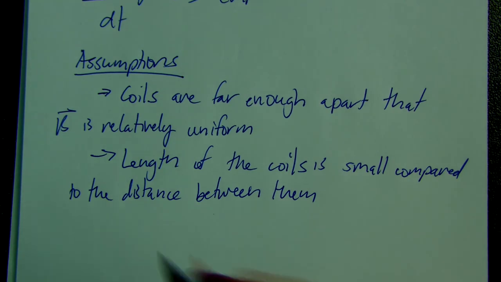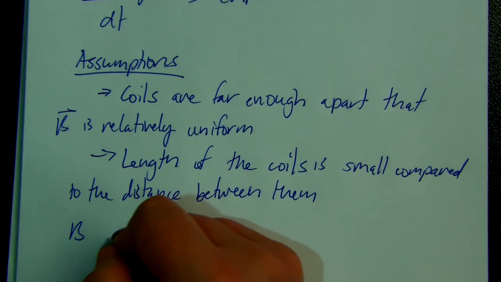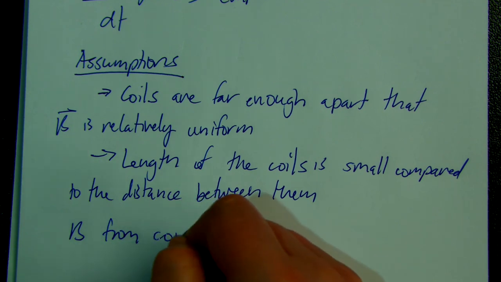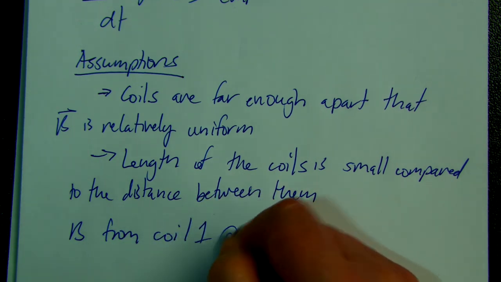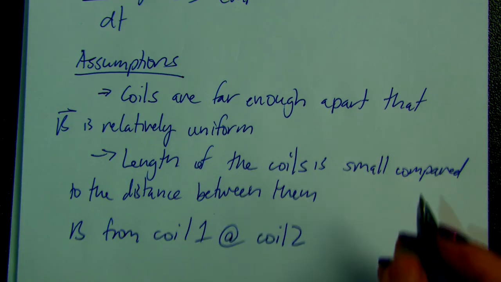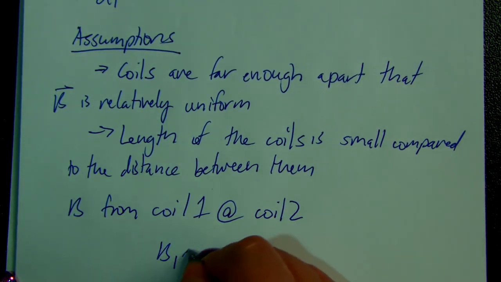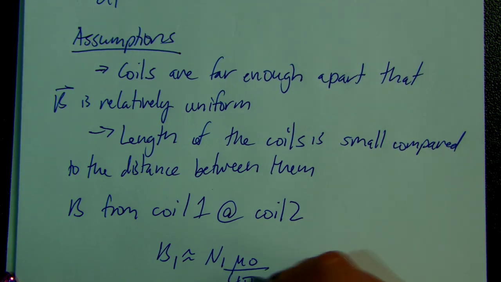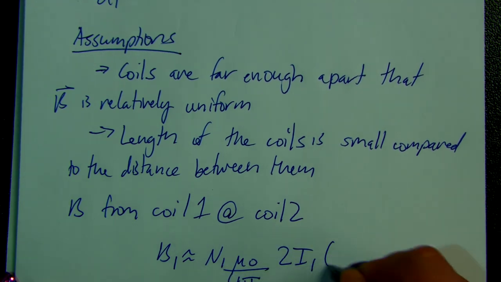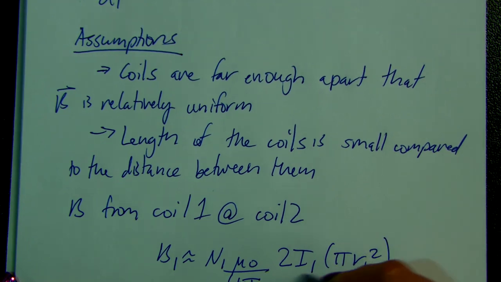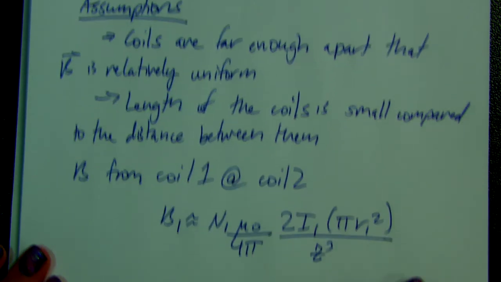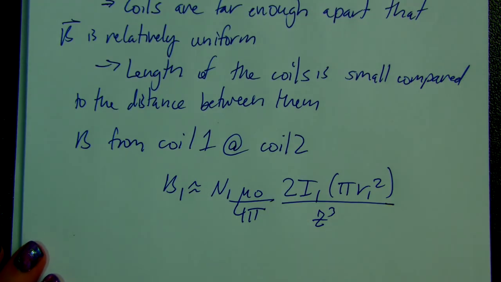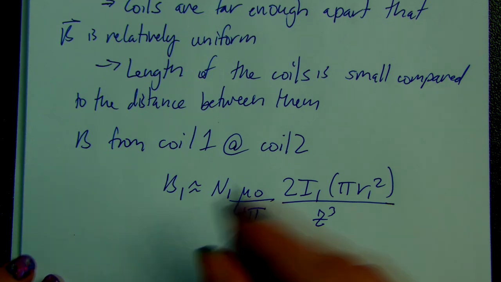All right, so B from coil 1 at coil 2. So B1 is approximately N1 mu naught over 4 pi times 2 I pi R1 squared over Z cubed. So just an expression that we're used to, thinking about the magnetic field from coils of wire.